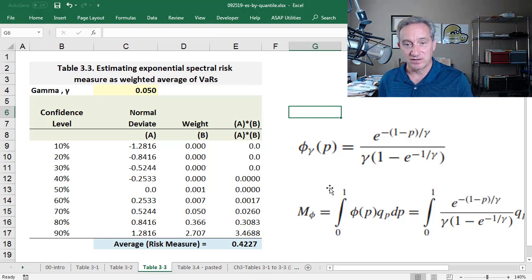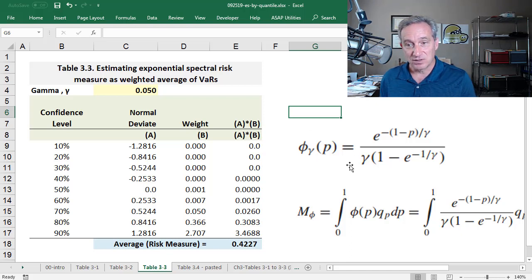Now we're stepping back to using that general risk measure where Dowd uses a different risk aversion function, right? In expected shortfall, the risk aversion function is very simple: zero weight to everything not in the loss tail, and then equal weighting to everything in the loss tail.